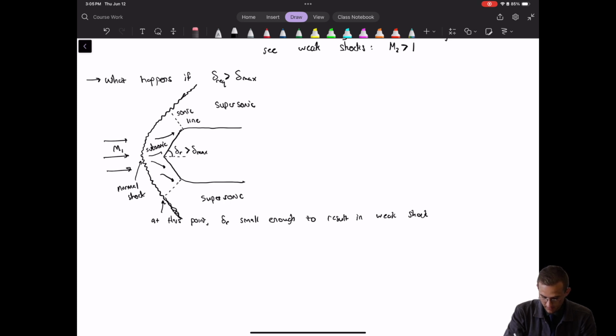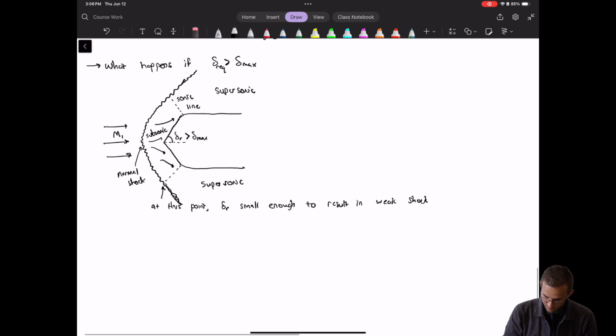Okay, and this subsonic flow becomes supersonic again as it turns out and around this outer edge, which we'll talk about in the next lecture when we talk about expansion waves.